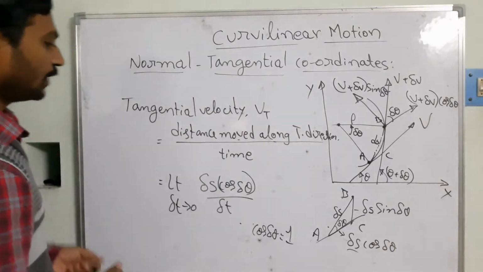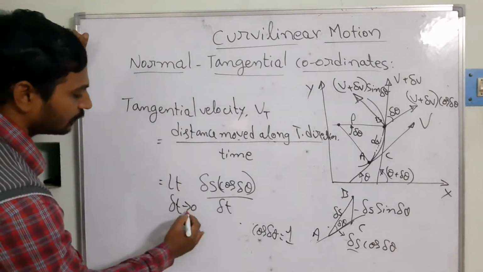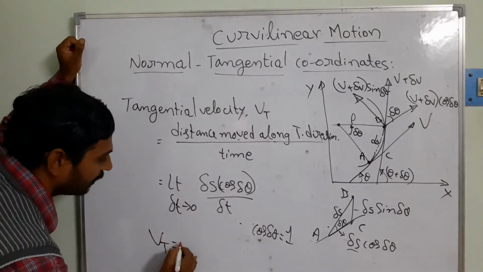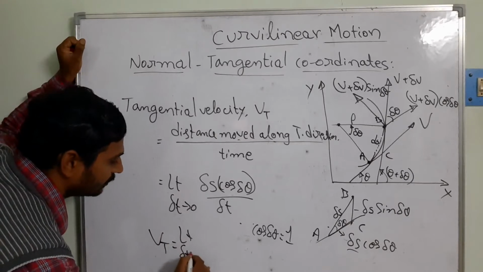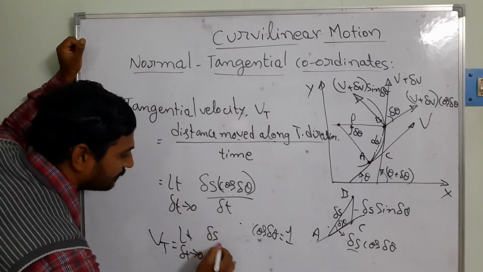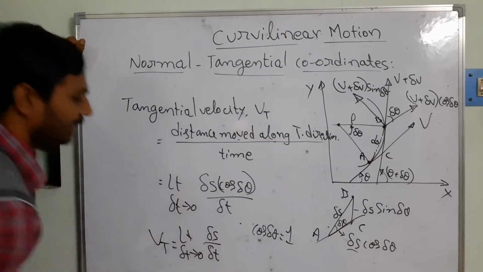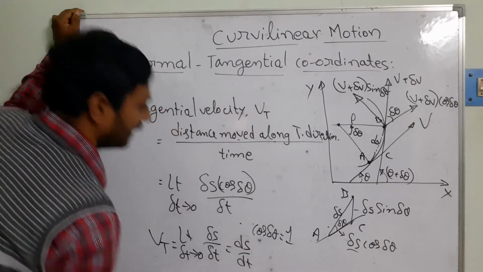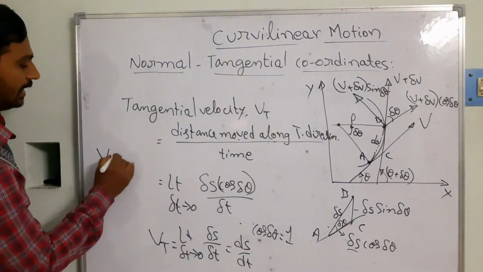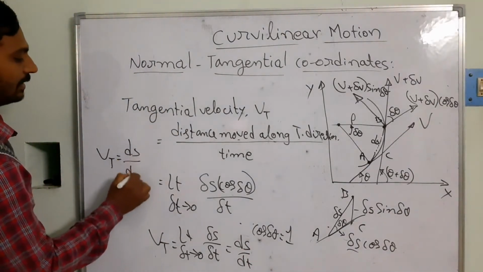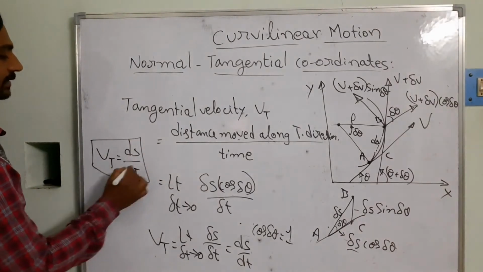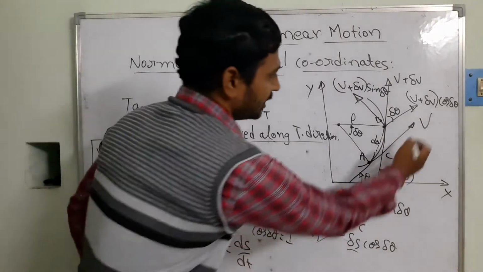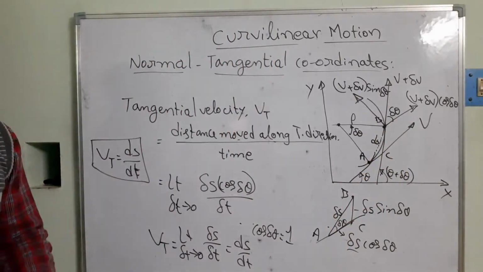If I substitute in this equation, and the time also tends to 0, then finally Vt is equal to the limit del t tends to 0 of del S by del t, and further I write ds by dt. So Vt is equal to ds by dt. This is the velocity along the tangential direction of the particle.